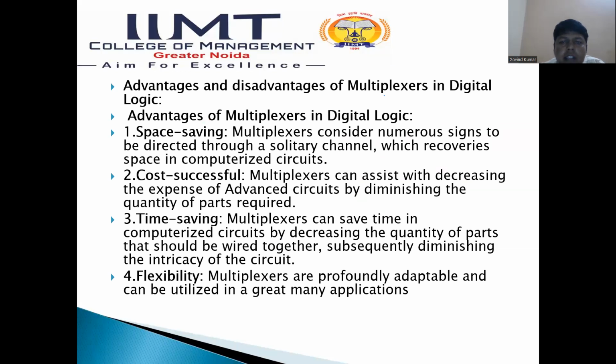The advantages and disadvantages of multiplexers in digital logic. Advantages of multiplexers in digital logic.